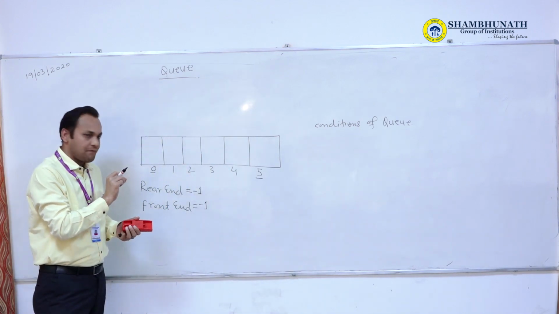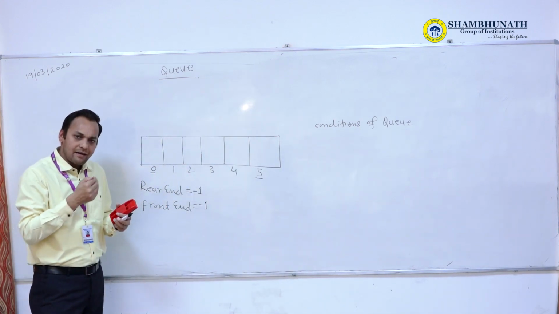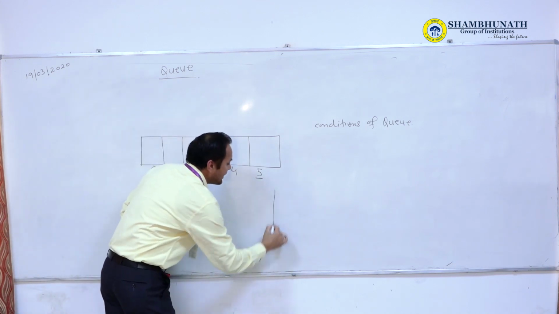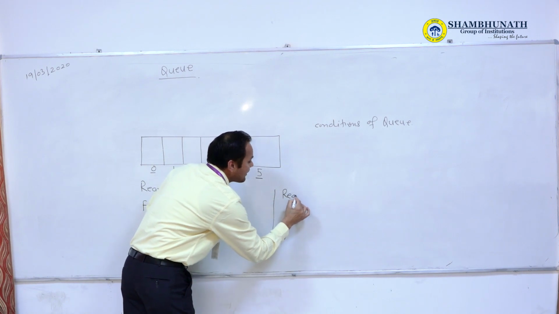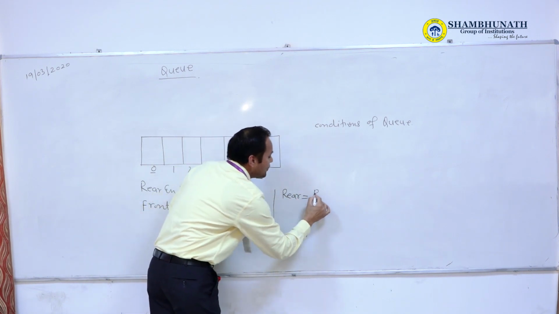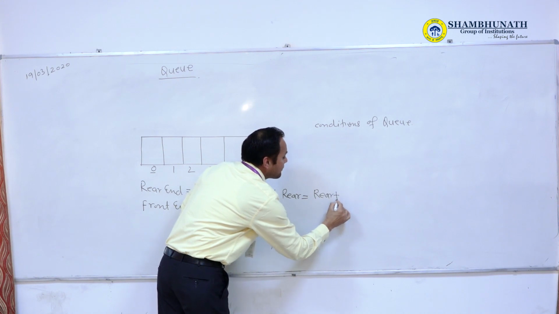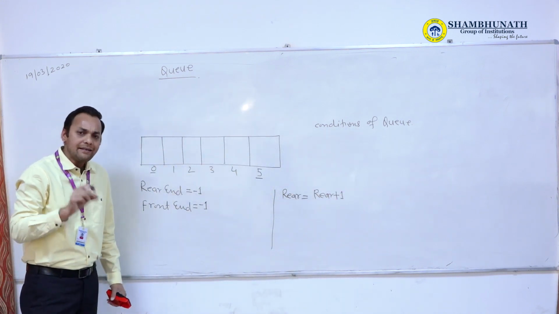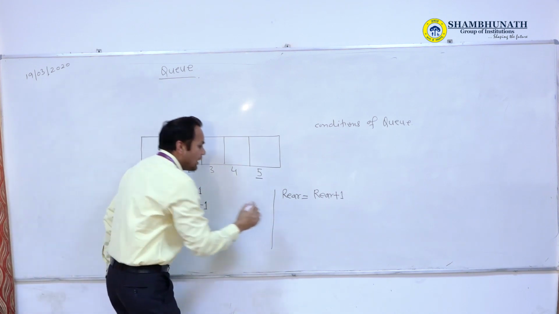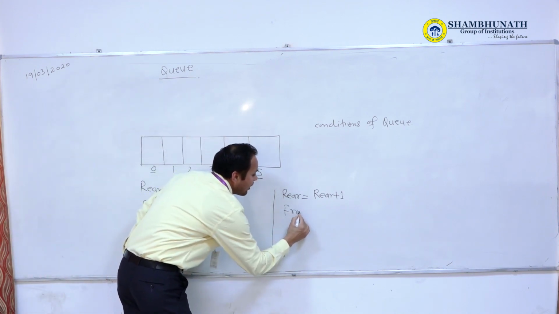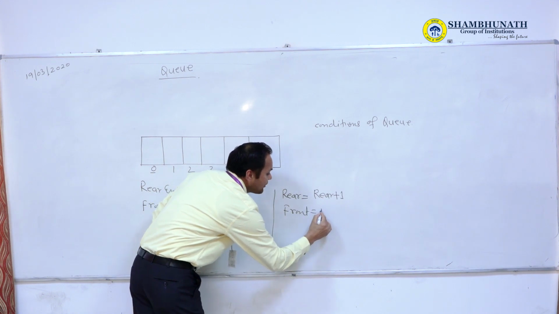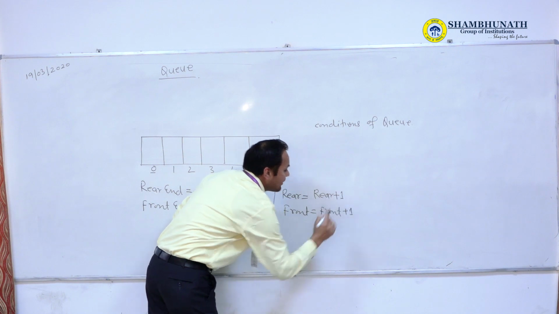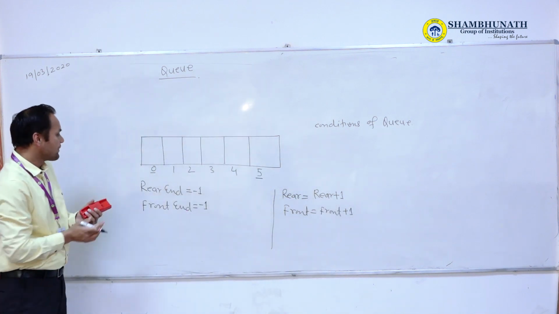But in the case of a queue, if we are inserting an element, then rear equals rear plus 1. And if we are deleting an element from the queue, then front will also increase by 1. Fine.